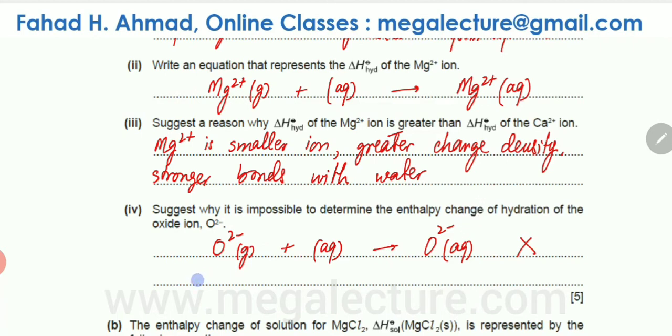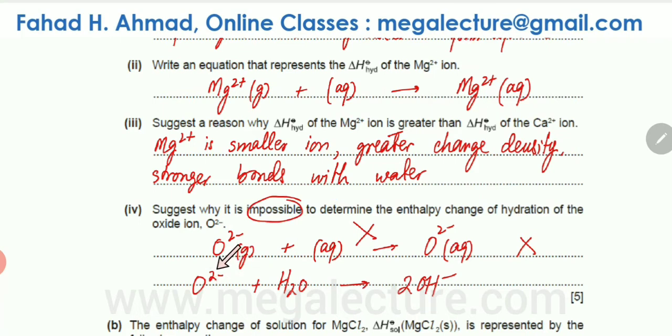What actually happens is that if you add an oxide to water, it ends up reacting with the water. Instead of changing into aqueous ions, it changes into hydroxide ions. So this reaction is impossible, because oxide ions end up reacting with water.